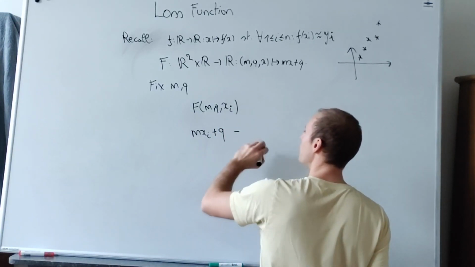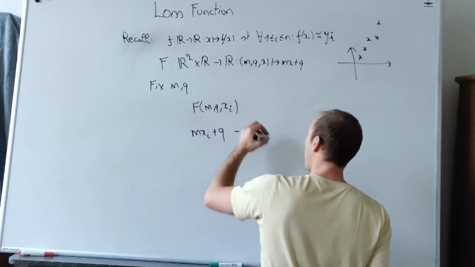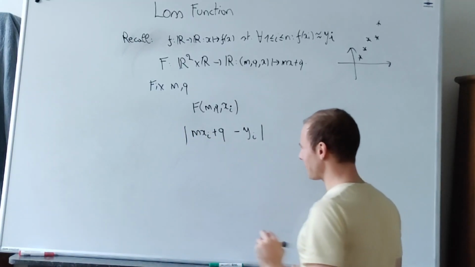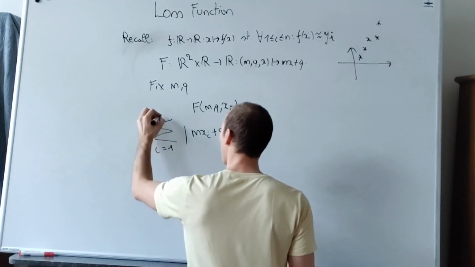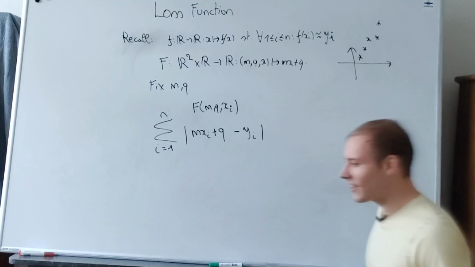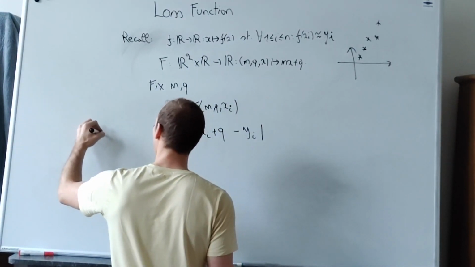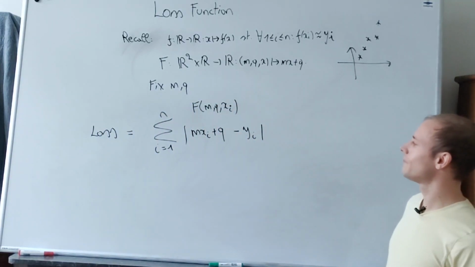So how you can do this is you can subtract y_i and take the absolute value of this thing, and we're going to do this for each of our n data points. And what I actually calculated here is what I can say is the loss of my function.